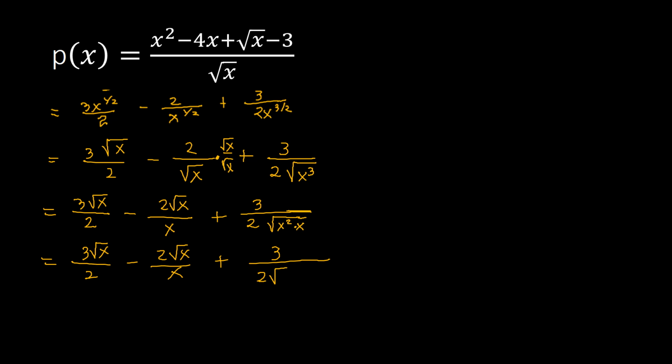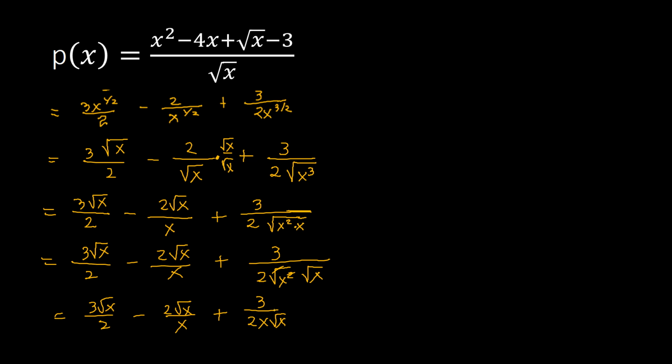This is similar to a square root of x squared times the square root of x. So this one, we can cancel that one and that one. So this would lead to a 3 square root of x over 2 minus 2 square root of x over x plus 3 over 2x square root of x.